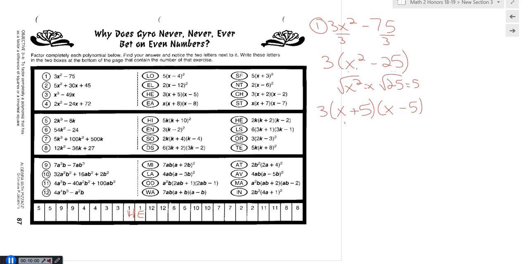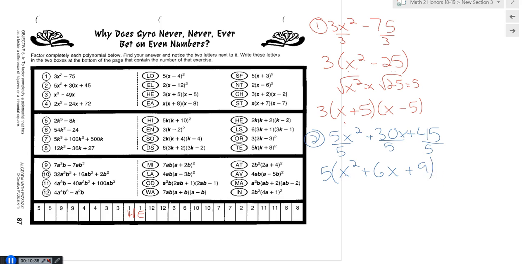All right. We're also going to look at number 2. Okay. Number 2 is 5x squared plus 30x plus 45. Again, these all have a 5 that can be divided out of them. So 5 goes on the outside, and we have x squared plus 6x plus 9.